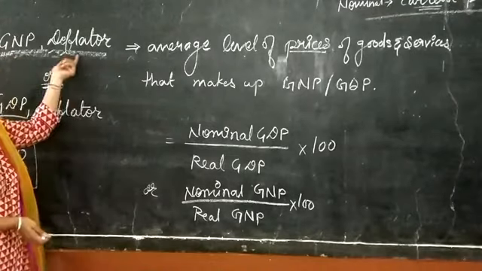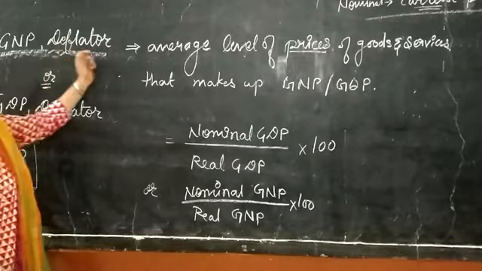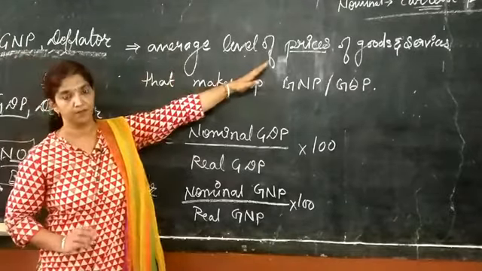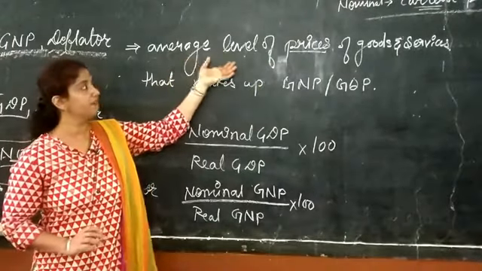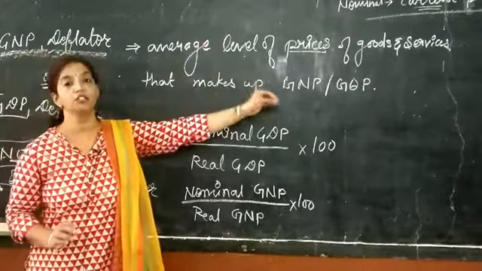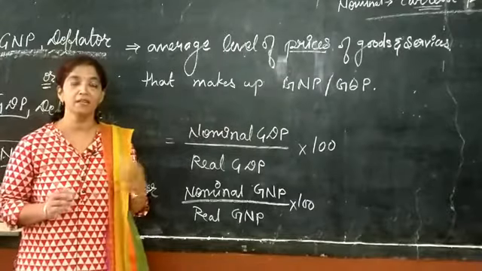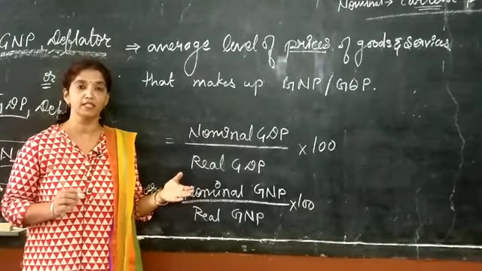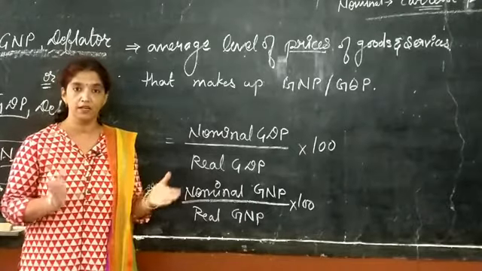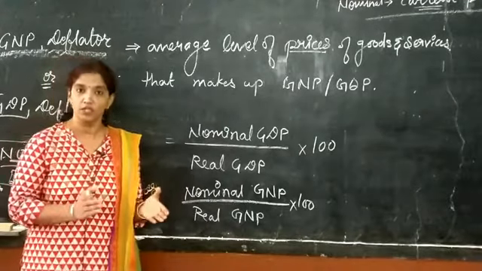When we are talking about the deflator term, it means we are taking the average level of prices of goods and services that make up GDP or GNP. For the estimation of GDP, we are taking the market value of goods and services in a domestic territory in an accounting year.